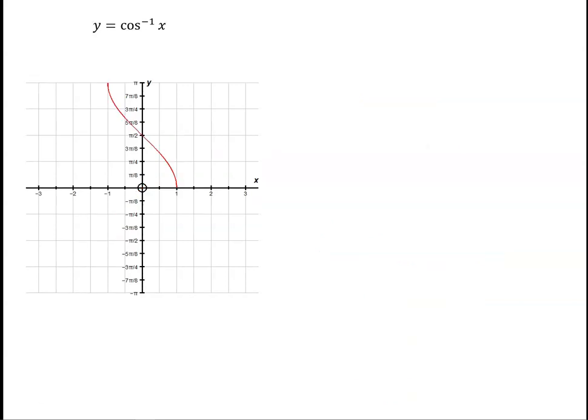We can do an entirely similar thing for cos to the minus 1 of x. So we've got the graph of y equals cos to the minus 1 of x. If y is cos to the minus 1 of x, then we've got cos y is equal to x, which means if I differentiate implicitly, I obtain minus sine y dy by dx equals 1.